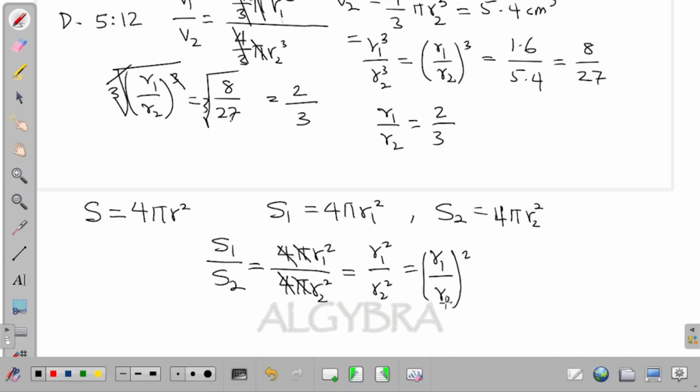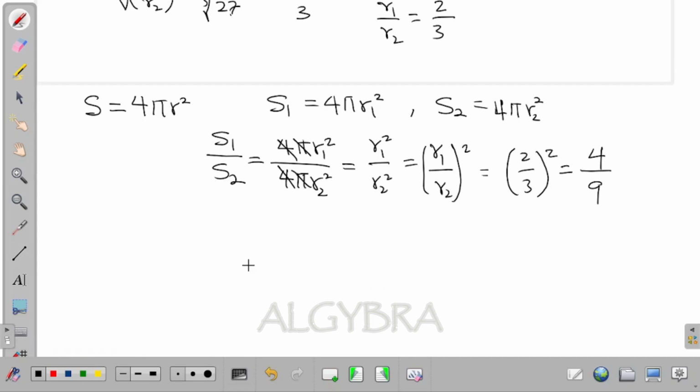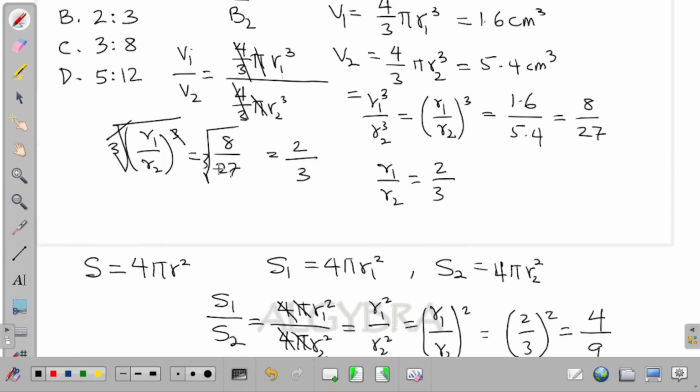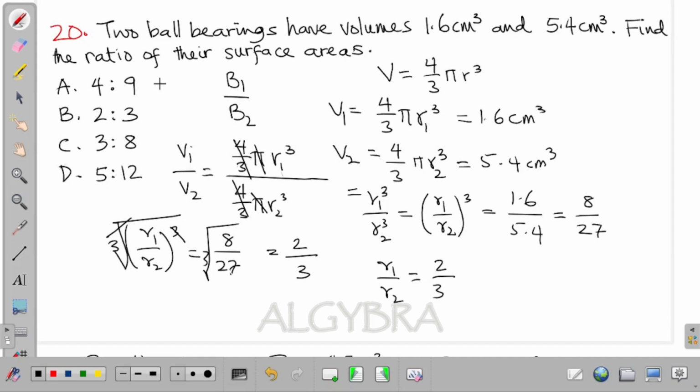But we know r1 to r2 is 2/3, so (r1/r2) squared is (2/3) squared, which is 4/9. Expressing this fraction as a ratio, S1 to S2 is 4:9. That is option A, so option A is the correct answer.